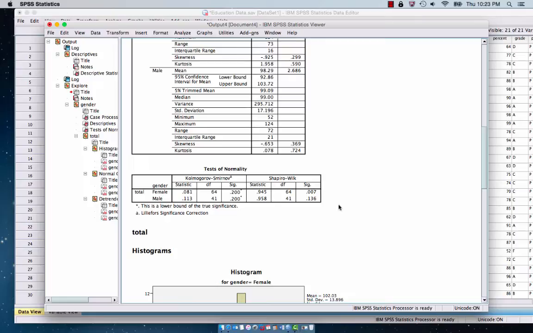And so if the significance value is below 0.05, which this one is, what this tells you is that the female distribution of total scores is significantly non-normal, whereas the male is not significant because this value is not below 0.05.